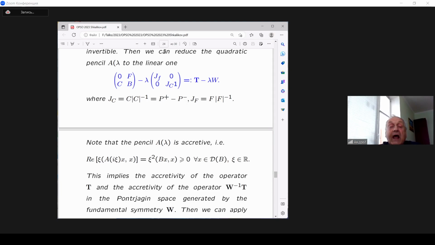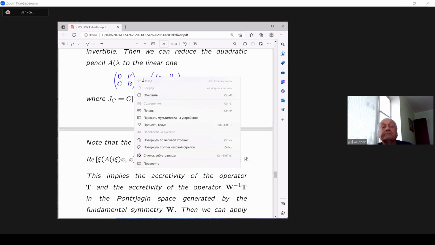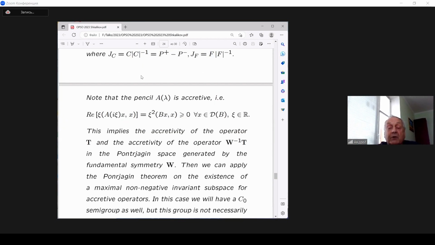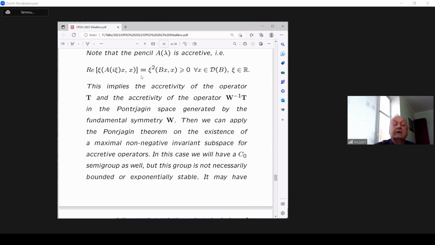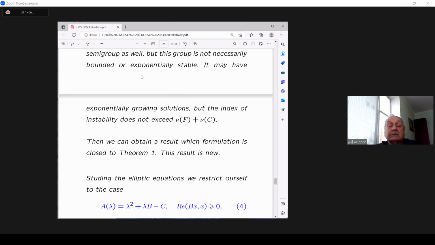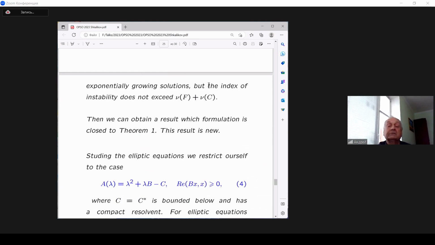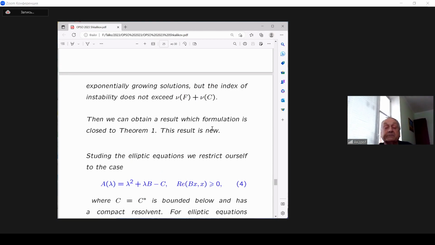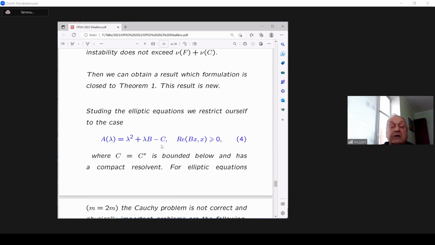And then we have an accretive operator in Pontryagin space. And in this case, we can prove approximately the same. However, one has to change some statements. And finally, the main part is elliptic problems.